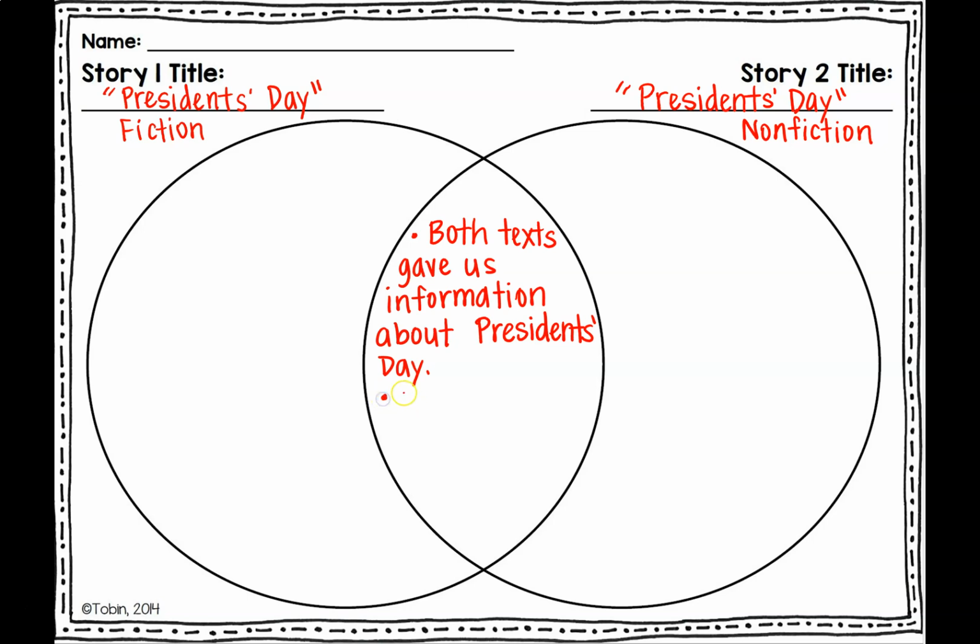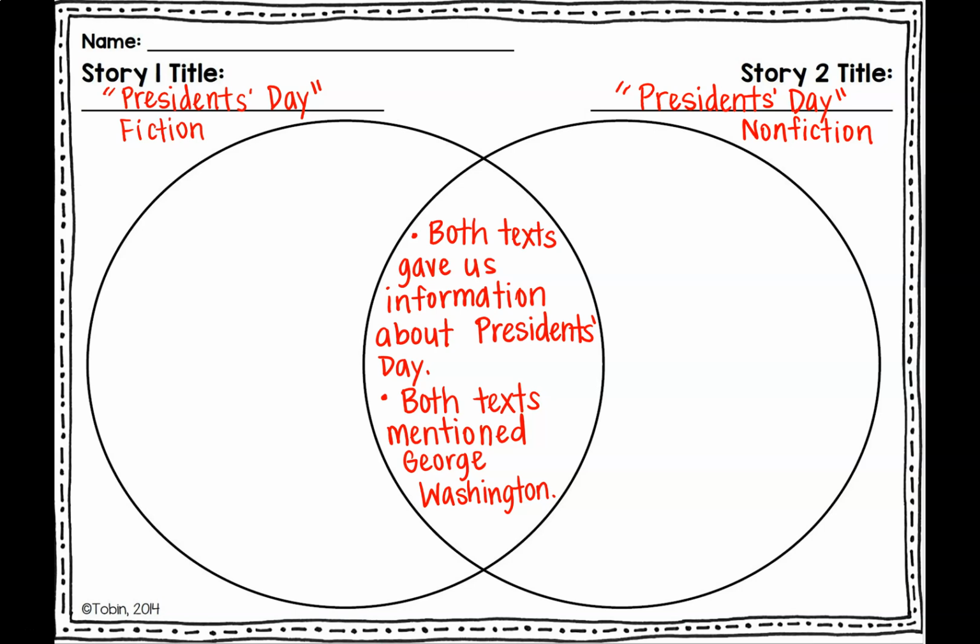Okay, so the answer would be both texts mention George Washington, who was our first president. And he's the reason why we have President's Day. So both texts mentioned George Washington. Okay, so we've found two reasons that they are similar.